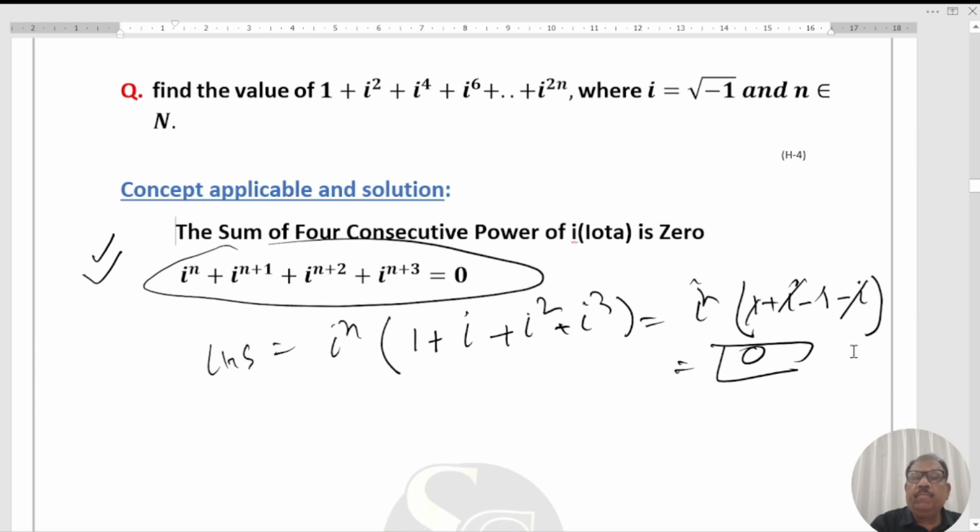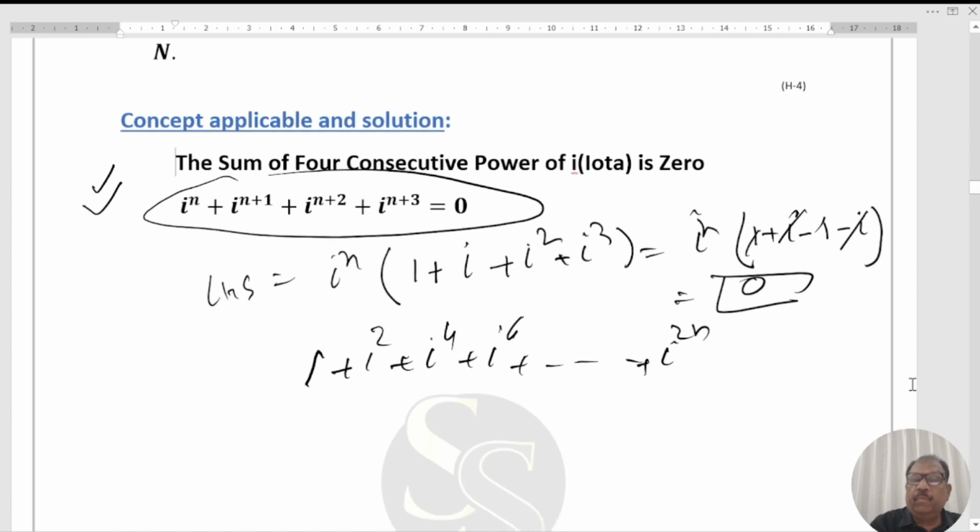So we can write the left hand side as 1 plus iota square plus iota 4 plus iota 6 up to iota to the power 2n. That is 1 minus 1 plus 1 minus 1 and so on, up to iota square to the power n, that is minus 1 to the power n.